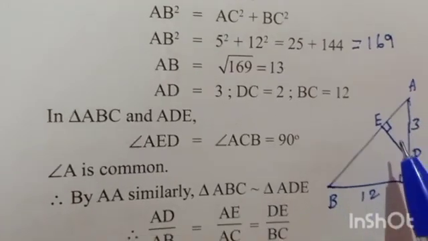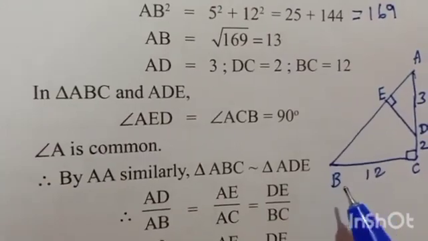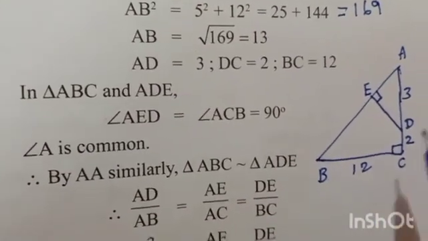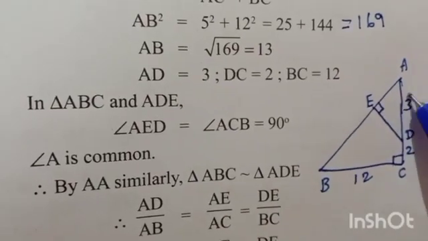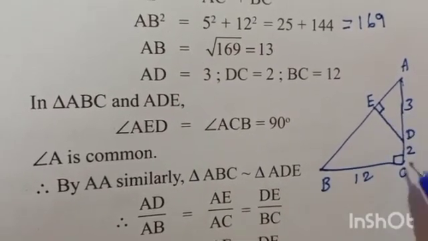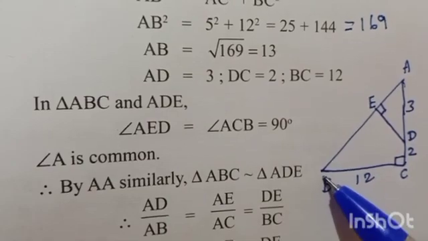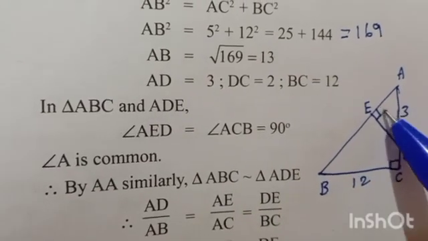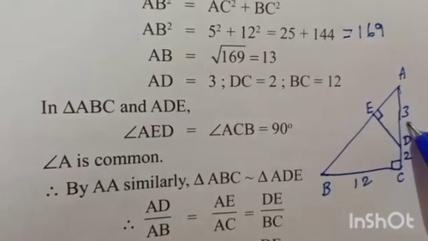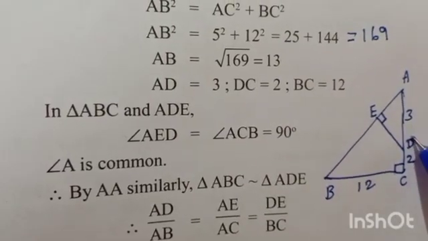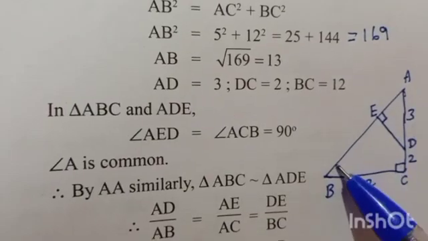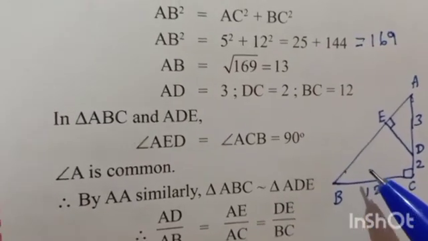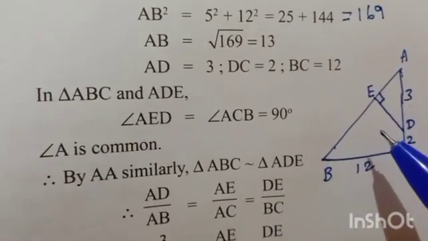Since these two are similar, their corresponding sides are proportional. How do you find the corresponding sides? Consider the small triangle and the big triangle. The side opposite the 90 degree angle: for the small triangle it is AD, and for the big triangle it is AB. So AD by AB. We have to select the sides properly.